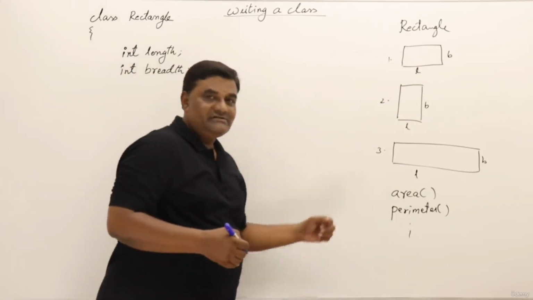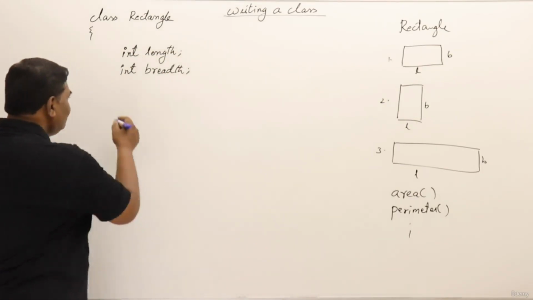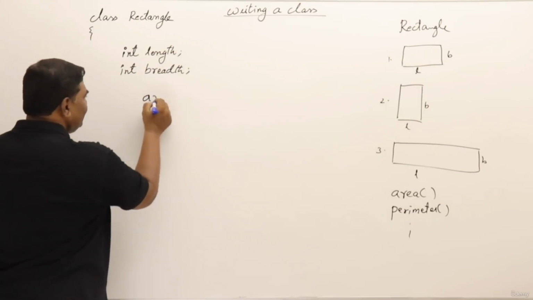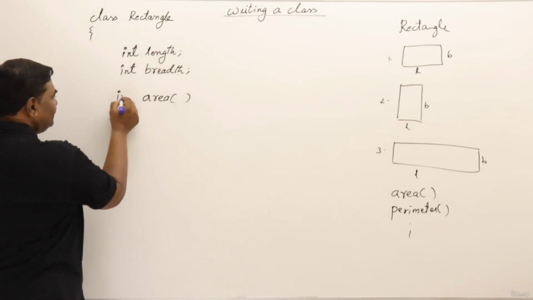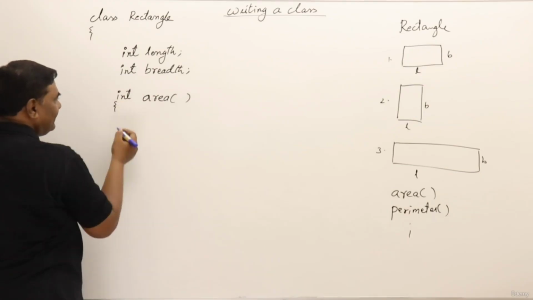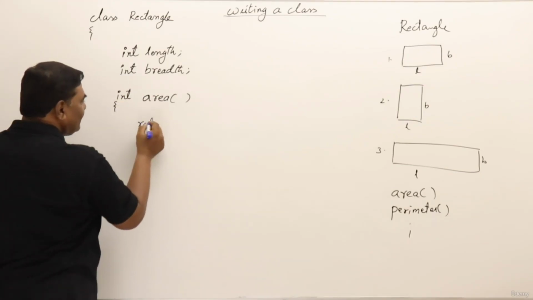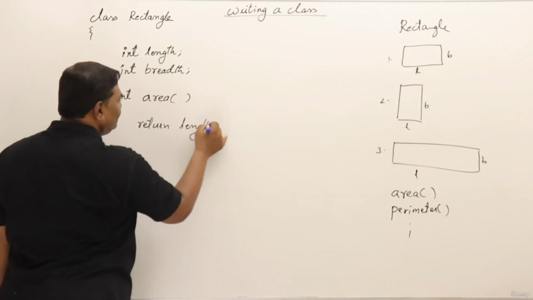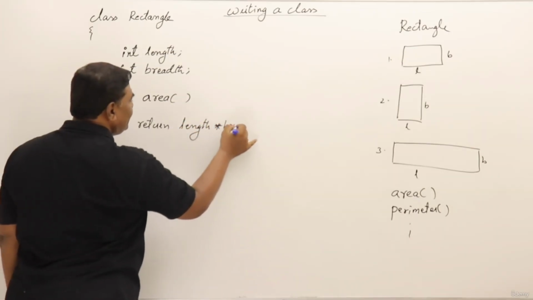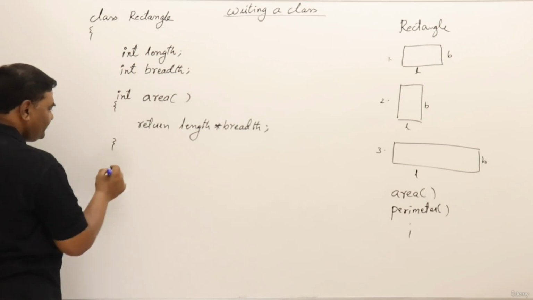These are the two functions. I can define them here. So one function name is area. It will calculate area, and it will return an integer type value, that is area. How to calculate? Return length into breadth. This is an area function.